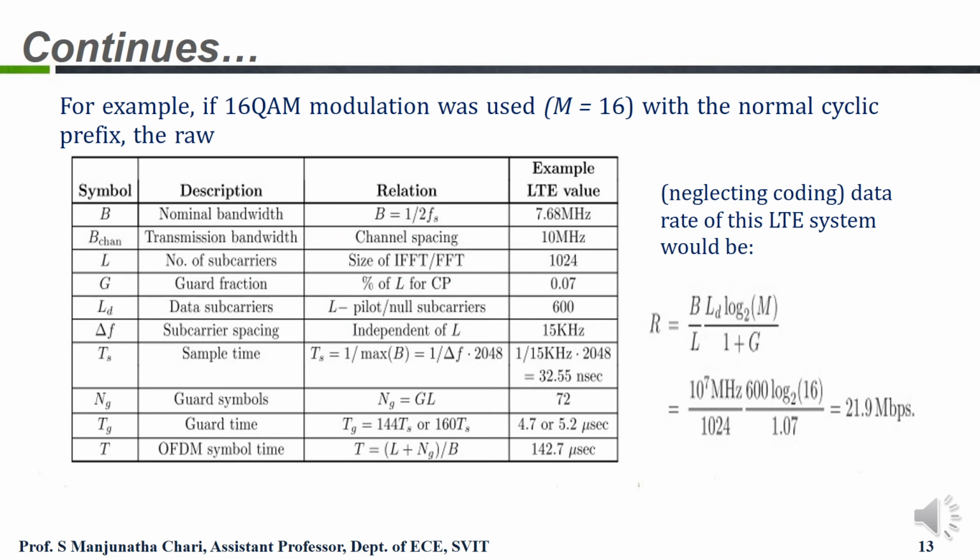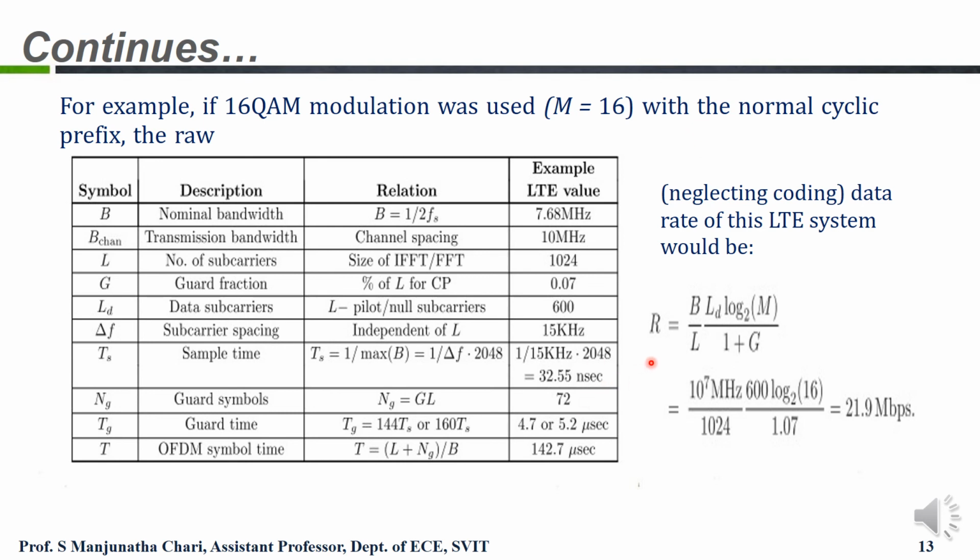Here we will calculate the data rate of a channel with 10 megahertz, and the modulation technique used is 16 QAM, so M becomes 16, with a normal cyclic prefix.